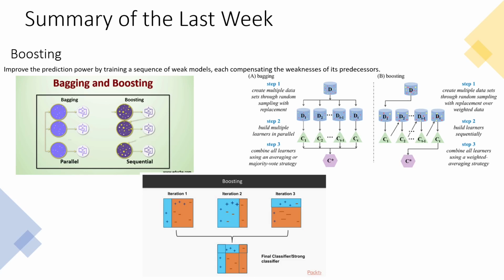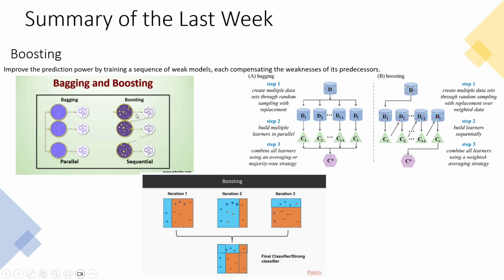And now we have seen another technique called boosting. And the basic difference between bagging and boosting is summarized in this image. In bagging, we train our models in parallel. They make their decisions independently, and then we combine their decisions. Okay, that was the idea behind bagging. In boosting, things change.